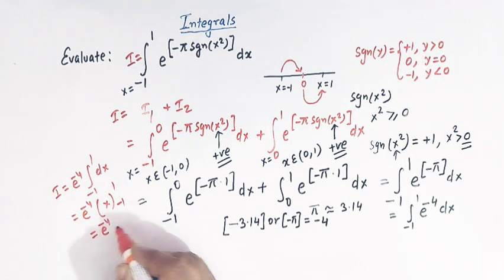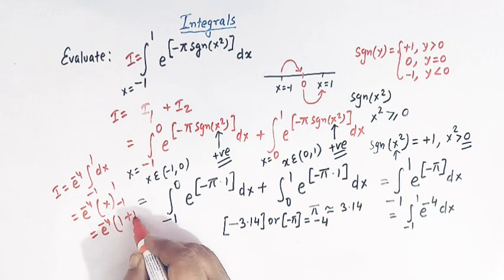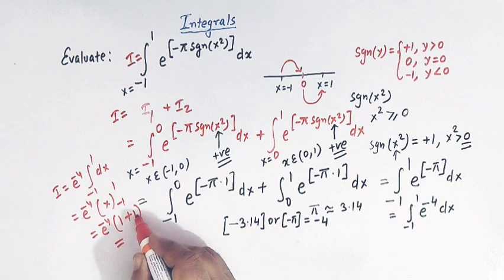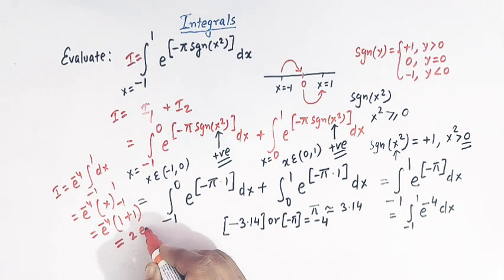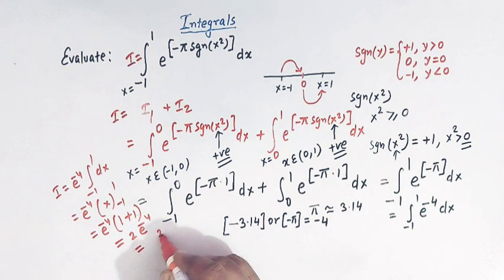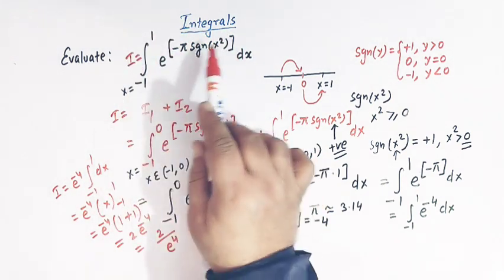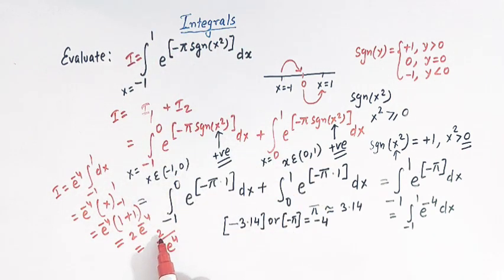So we have e raised to minus 4 times (1 plus 1), substituting the limits and taking the difference. 1 plus 1 is 2, so 2 times e raised to minus 4, which can also be written as 2 divided by e raised to 4. So viewers, the value of this integral is equal to 2 over e raised to 4.